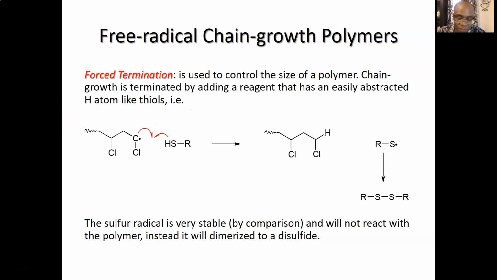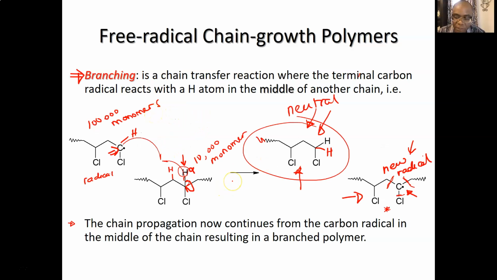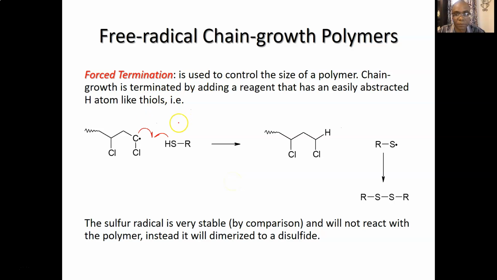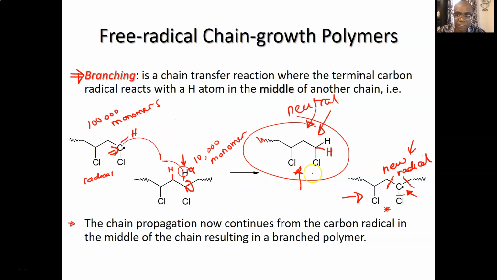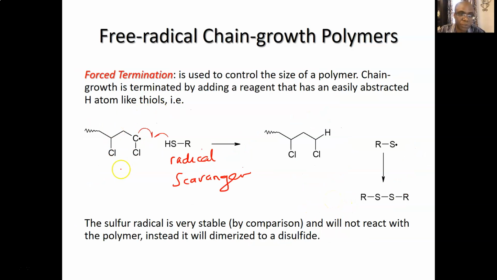To prevent this type of messy radicals being formed, for example from this step, we use radical quenching reagents. This is what we usually call a radical scavenger, which is usually used to stop the polymerization process, which might be going with unwanted products. So you use thiols, they smell so bad.